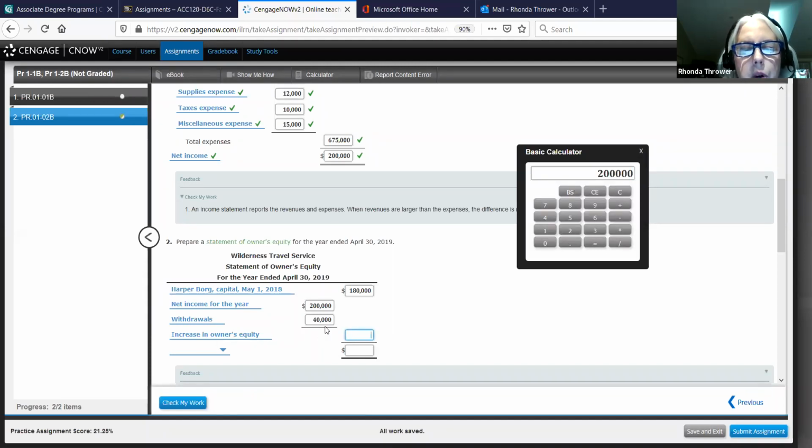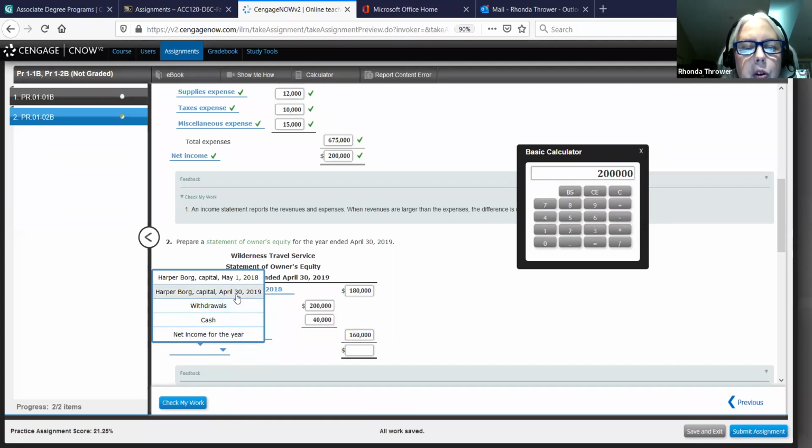We're going to deduct $40,000 from the $200,000, and that will give us an increase in our owner's equity of $160,000.